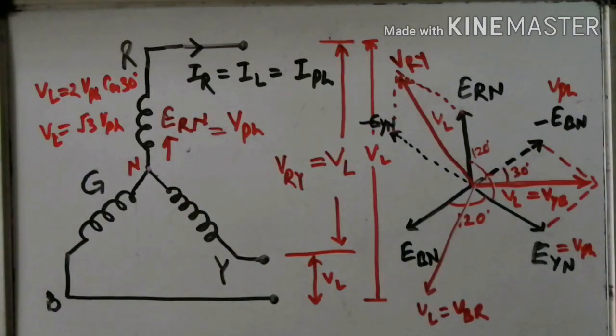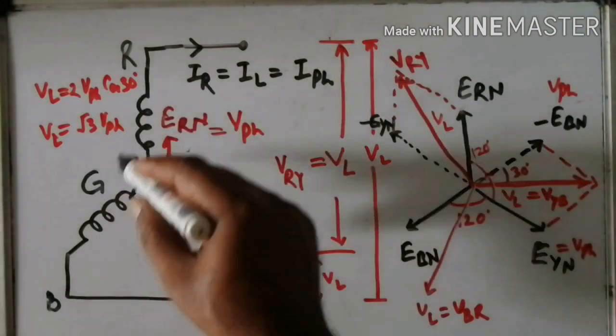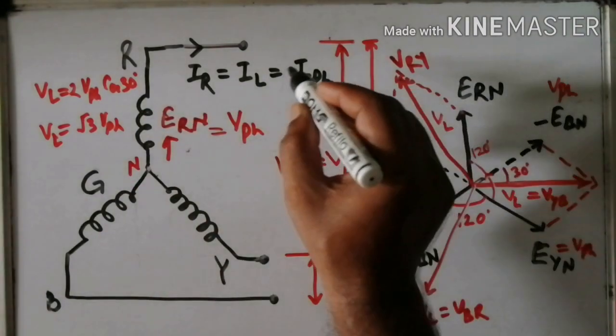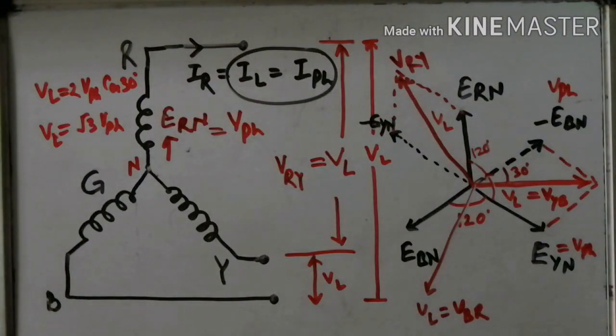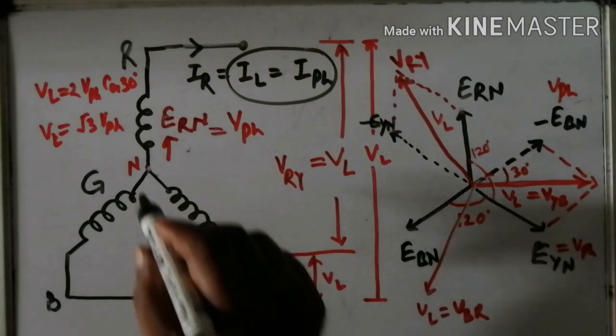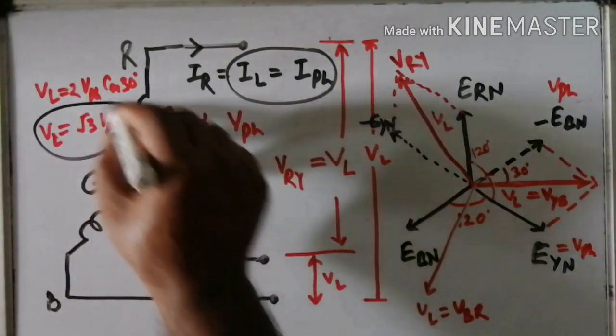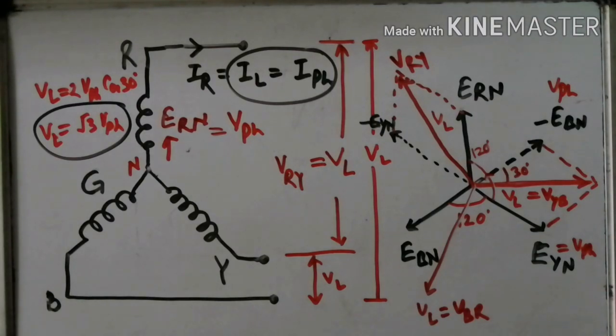So what is the conclusion? Conclusion is this: for the star connection, IL is equal to IPH. Line current and phase current are equal and line voltage is under root 3 times the phase voltage. Now the power.